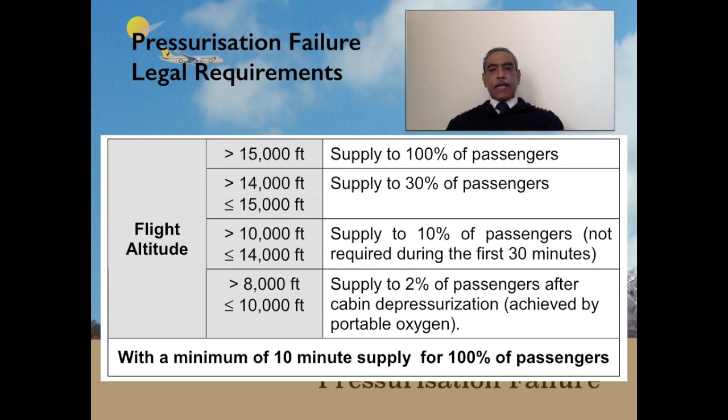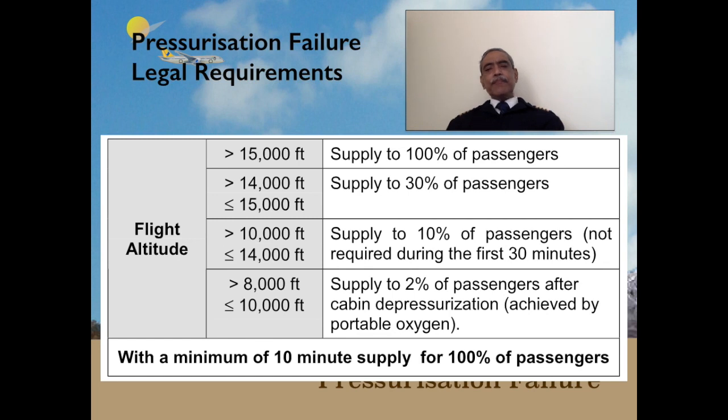And above 10,000 and less than or equal to 14,000, supply to 10% of the passengers, not required during the first 30 minutes. And above 8,000 and less than 10,000, supply to two passengers.